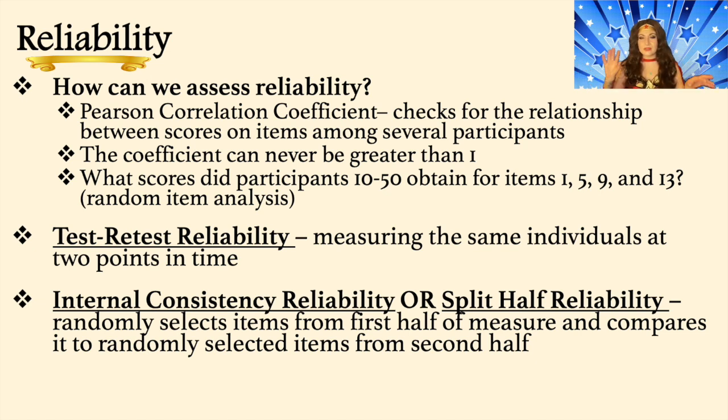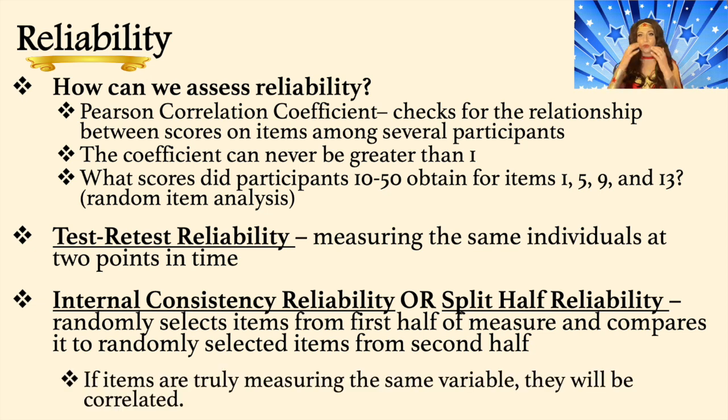So if the responses between the randomly selected first half and the randomly selected second half are similar, or they're correlated, that's another indication that your measure is reliable. In other words, if the items are truly measuring the same variable, then they will be correlated. So again, the way we assess reliability is through correlation, and the closer that correlation is to +1, the more reliable your measurement is.